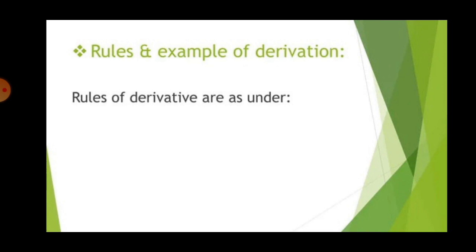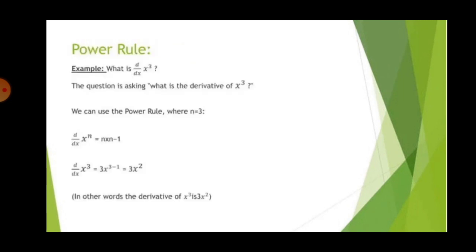Rules and examples of derivatives. Power rule. Example: what is d over dx of x cubed? The question is asking what is the derivative of x cubed. We can use the power rule where n is equal to 3. So, d all over dx of x to the power of n is equal to n x to the power of n minus 1.